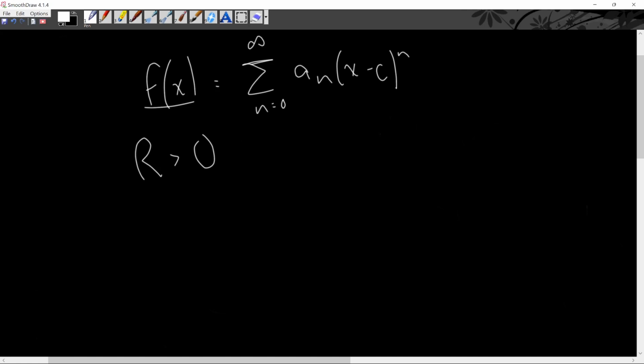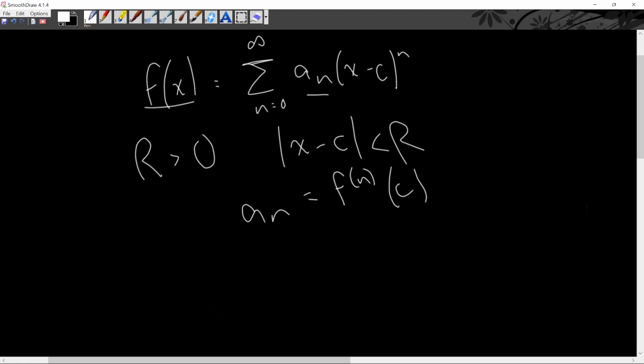You can continue to take the derivative for the x values that it converges for, of course. And a sub n, or the coefficient for all of these power series terms, is going to be equal to the nth derivative of f of c, the center, over n factorial.